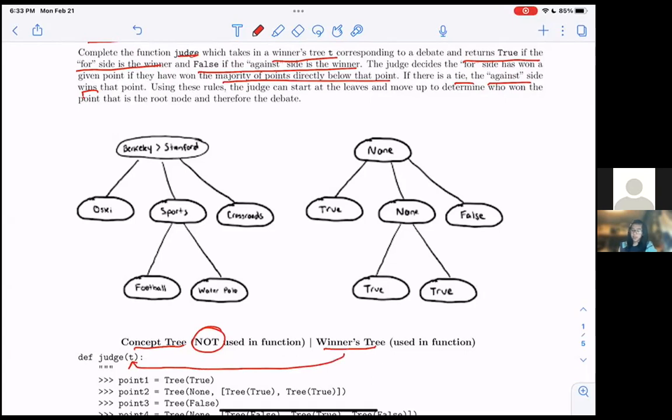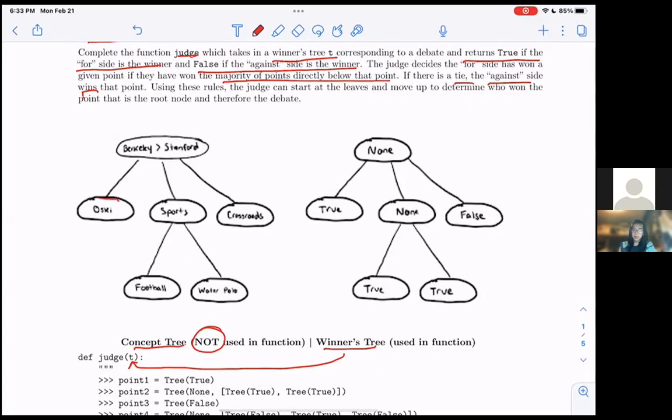So we can see here that the concept tree contains a bunch of different topics that were debated. For example, is Berkeley better than Stanford or OSCE? And then in the winner's tree, we have the nodes of the tree being either None, True, or False. The True or False, remember from the problem, corresponds to which side won that particular point.